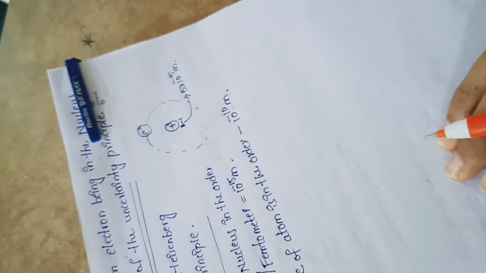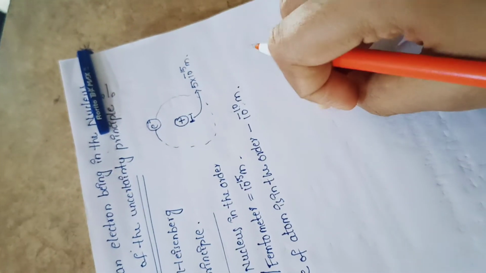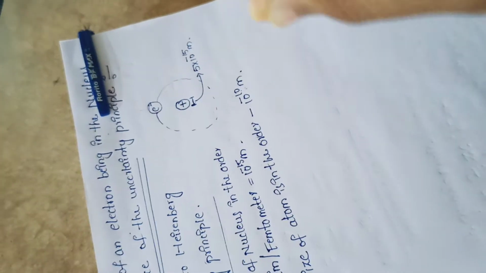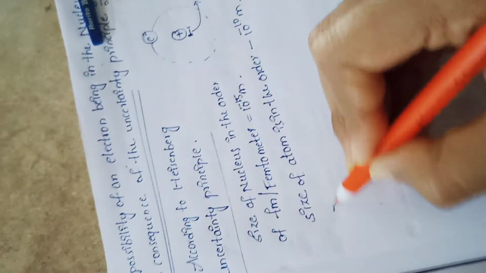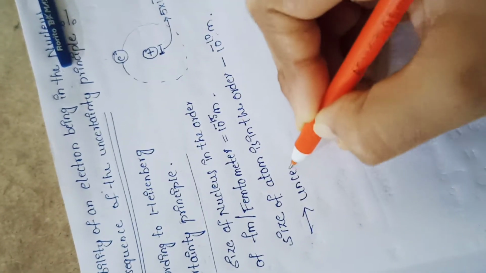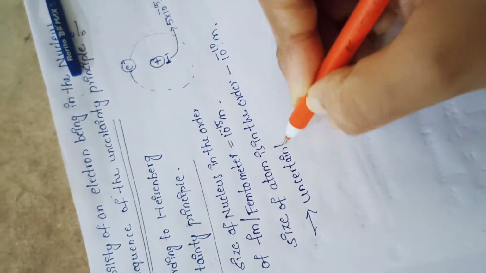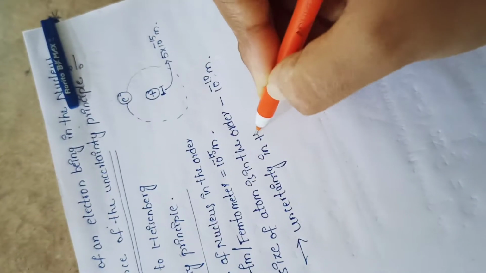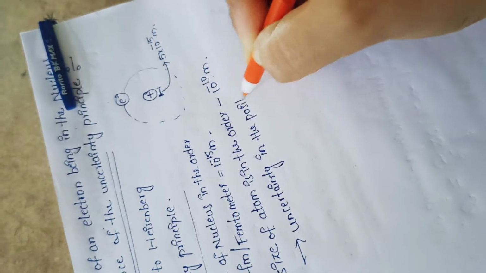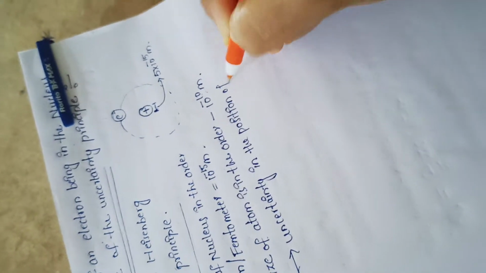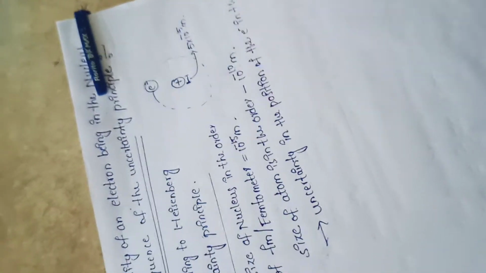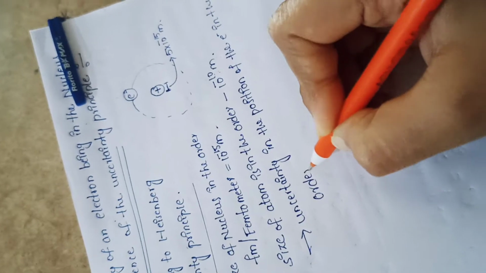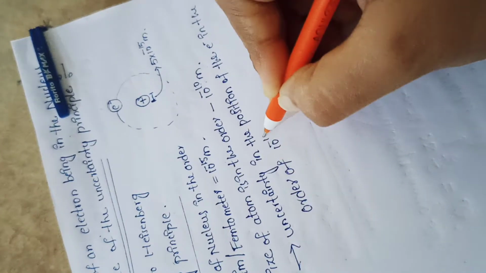Now according to the uncertainty principle, if I want to measure the uncertainty in the position of the electron, it is in the order of 10 to the power of minus 15 meters.